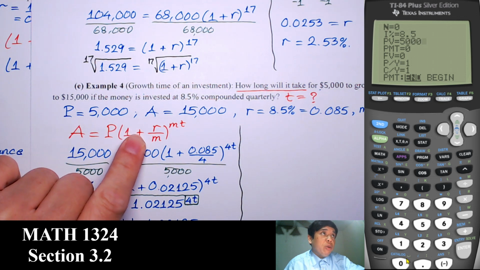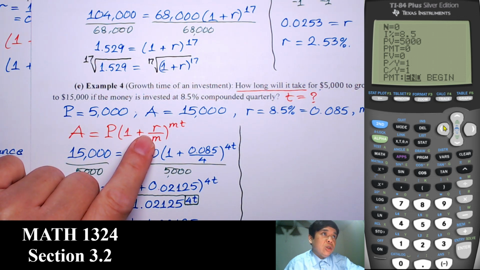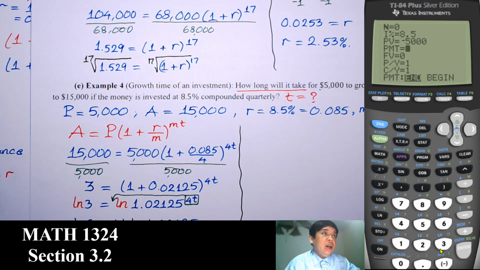Let's say we're going to invest 5,000, so out of our pocket we give 5,000, or deposit to the bank, and we don't make any payments. In the future we're going to get 15,000 back. So we put minus 5,000 out of the pocket and then get back 15,000 in the future, and this is compounded quarterly. Whatever we're trying to solve for, we'll leave as 0 for a moment.